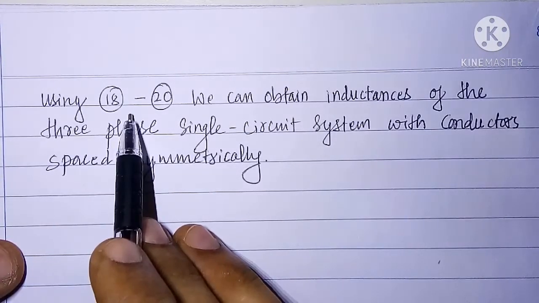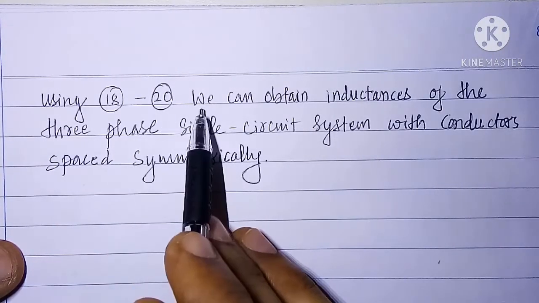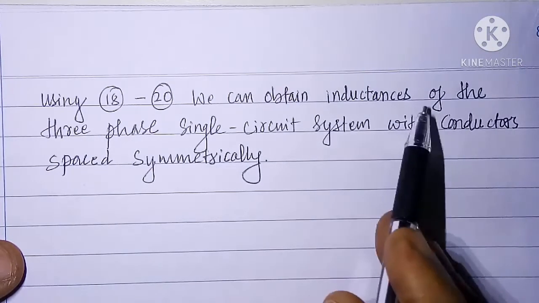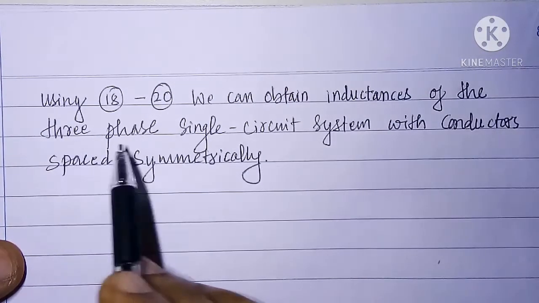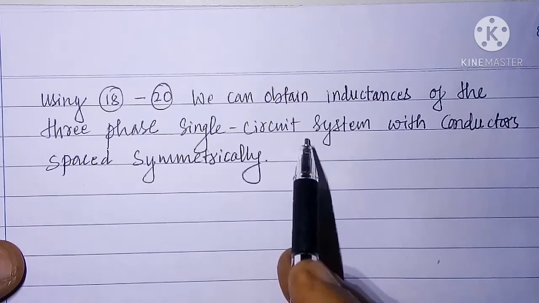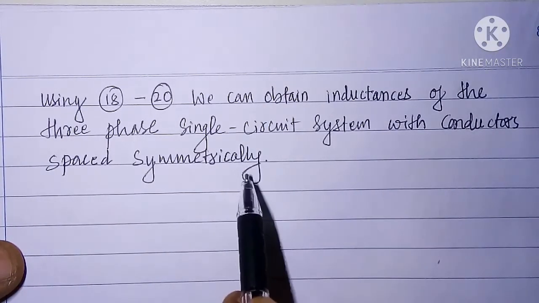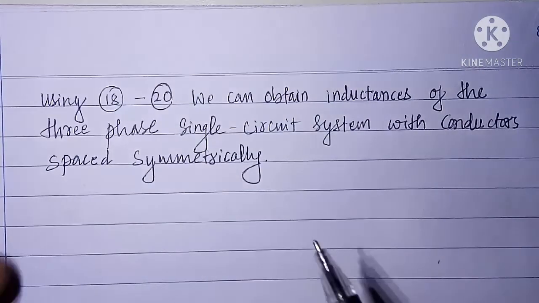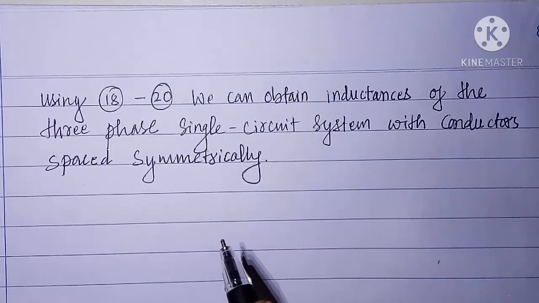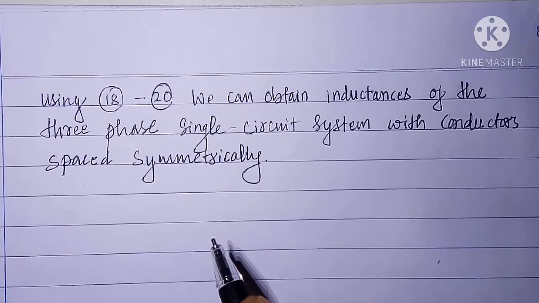Using equations 18 to 20, we can obtain inductances of the three-phase single circuit system with conductors spaced symmetrically. So that would be very simple, because when conductors are placed symmetrically, the distance between any two conductors is always equal.